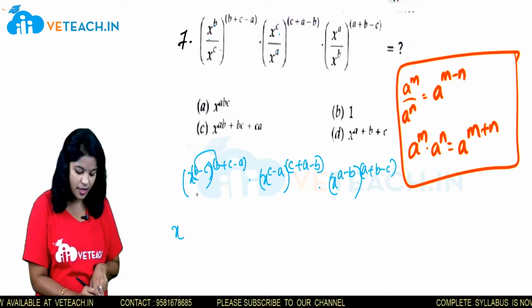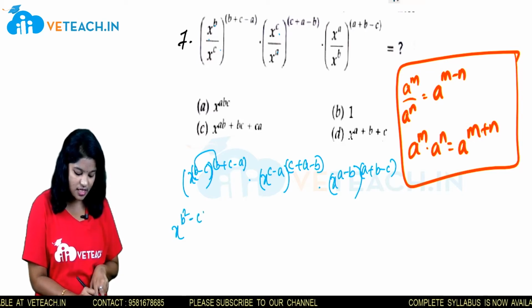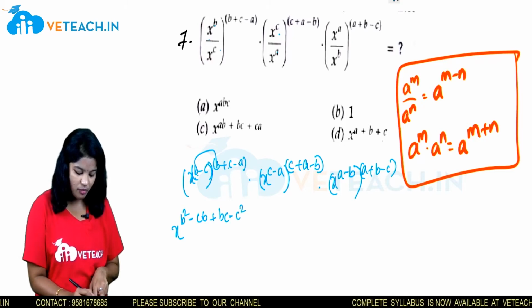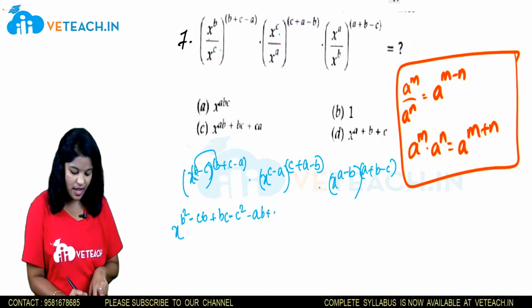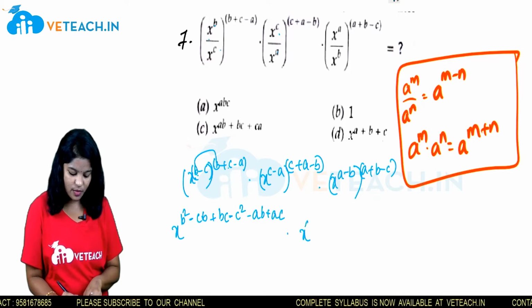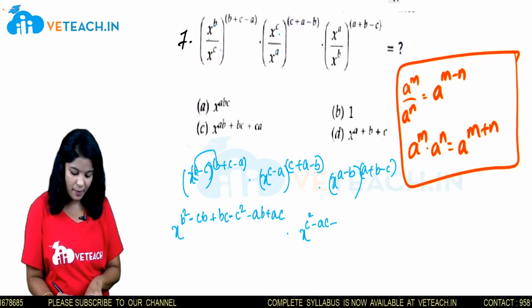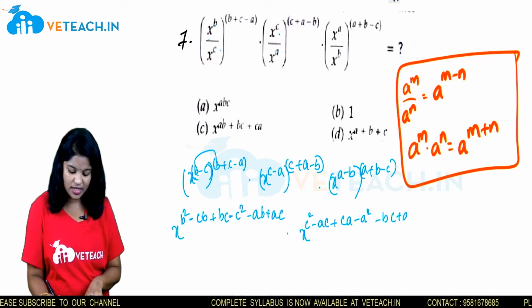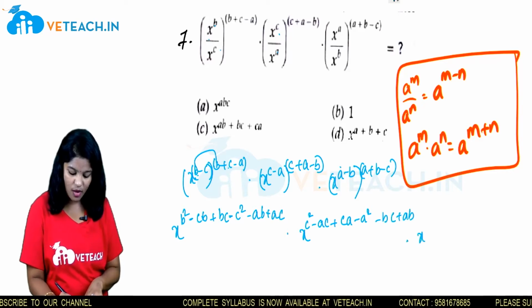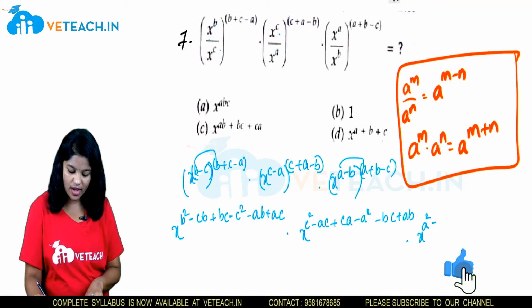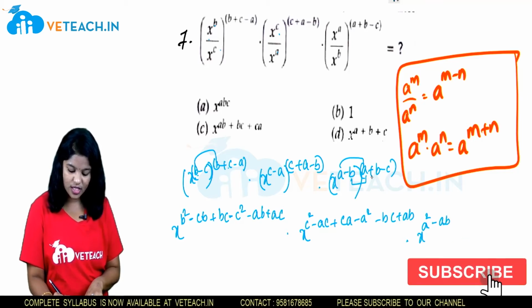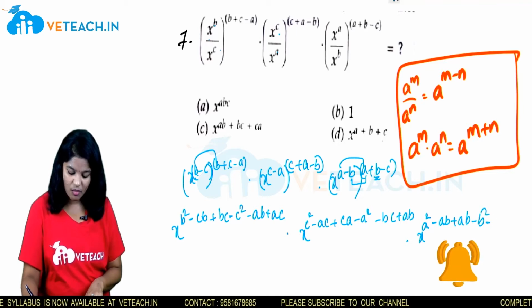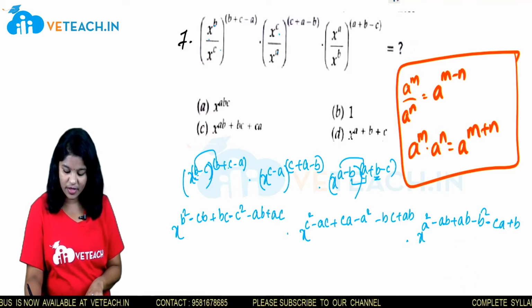It will become x^b times (b squared minus cb, again b times c plus bc minus c squared, b times a minus ab plus ac) times x^c times (c squared minus ac plus ca minus a squared minus bc plus ab) times x^a times (a squared minus ab, next with b plus ab minus b squared minus ca plus bc).